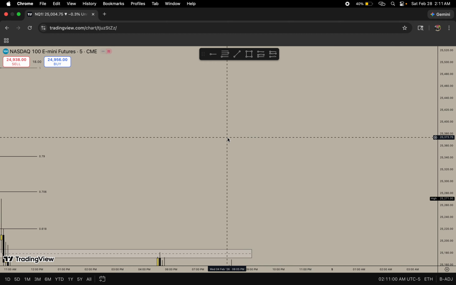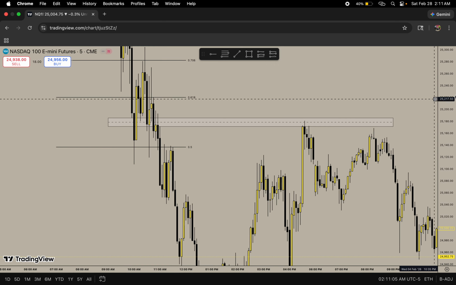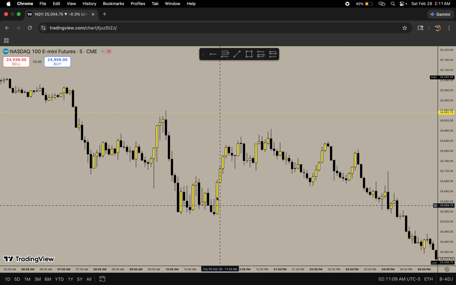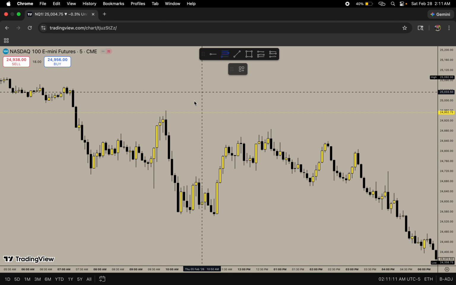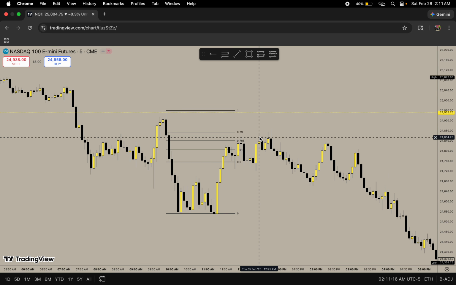Like I said, you want to have a big displacement either up or down, mark that out without any interruptions, and find what PD array matches with price.